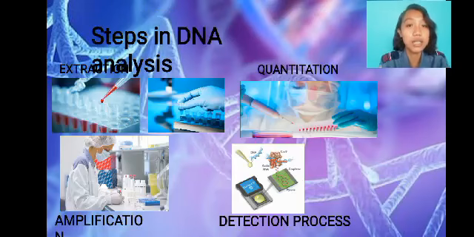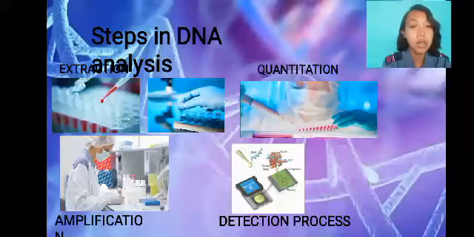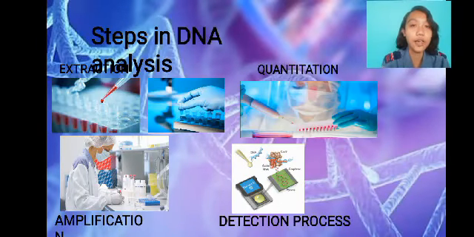So, the second slide is steps in DNA analysis. There are 4 steps in DNA analysis: extraction, quantitation, amplification, and detection. So, what is extraction? Extraction is extracting the DNA from the nucleus to release the content.